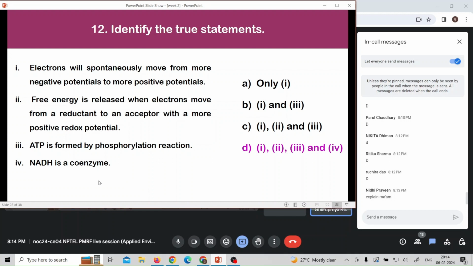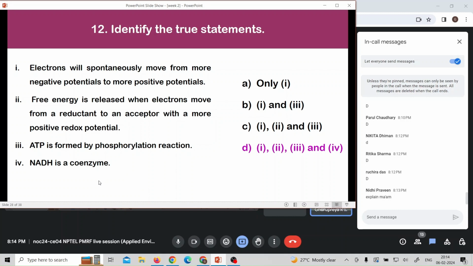ATP is formed by a phosphorylation reaction, obviously, because adenosine is the triphosphate. So the formation is by phosphorylation reaction, whereas it is broken down by dephosphorylation reaction. Free energy is released when electrons move from a reductant to an acceptor with a more positive redox potential.